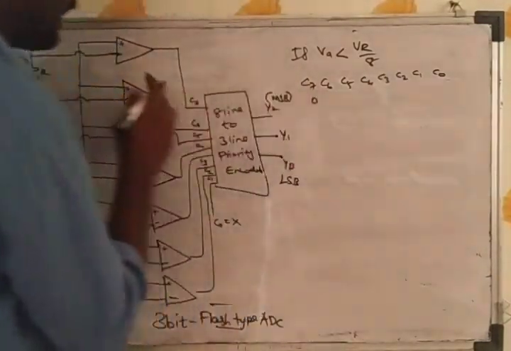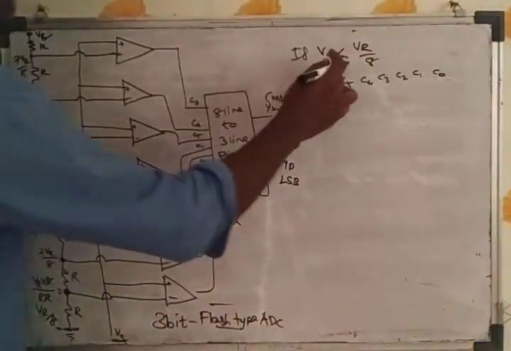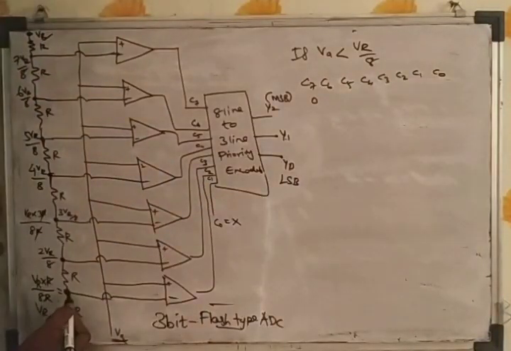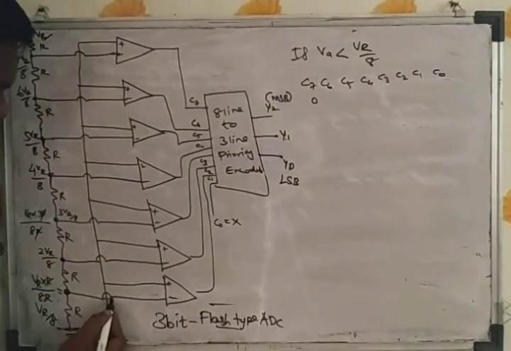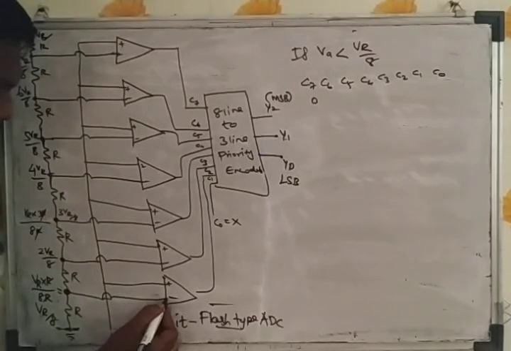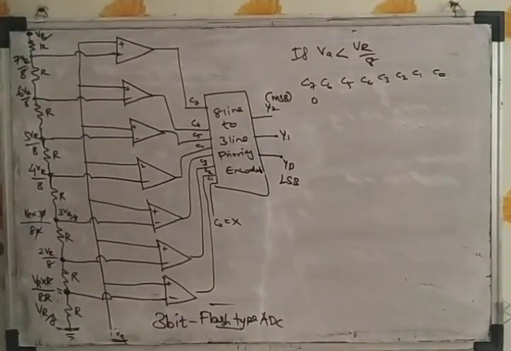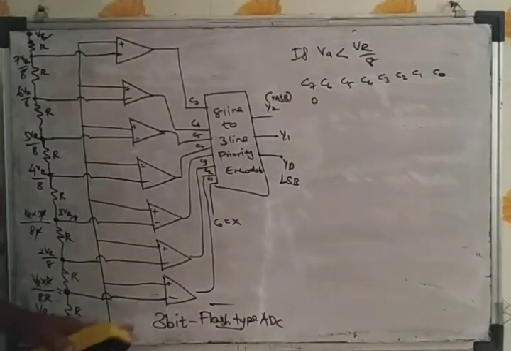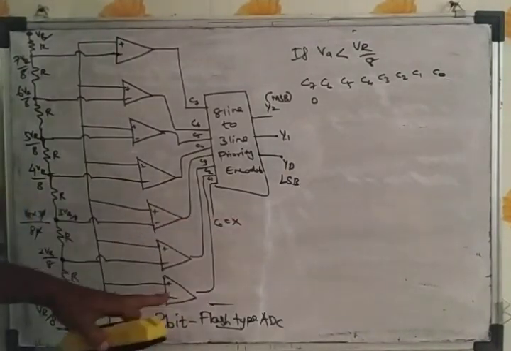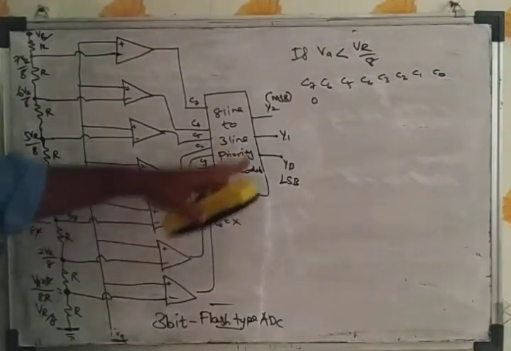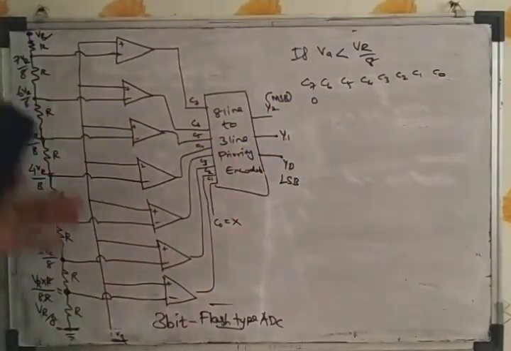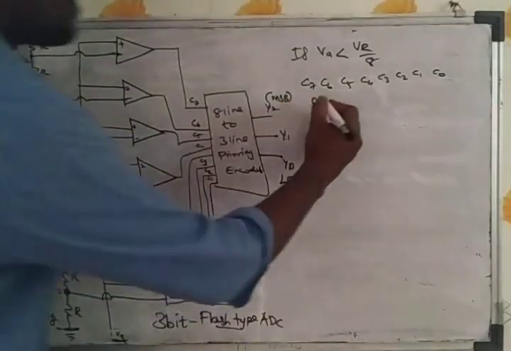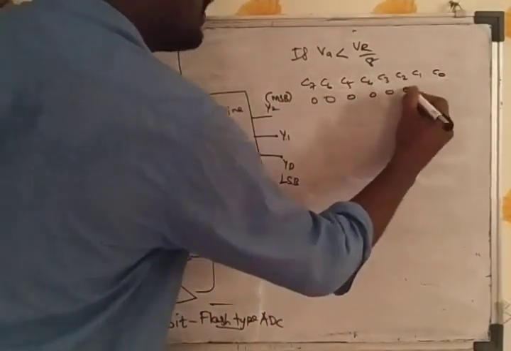So if the analog input is less than VR by 8, the inverting terminal has the higher input voltage, so your output goes to logical 0. If the inverting terminal voltage is high, the output corresponds to logical 0, so this goes to 0.